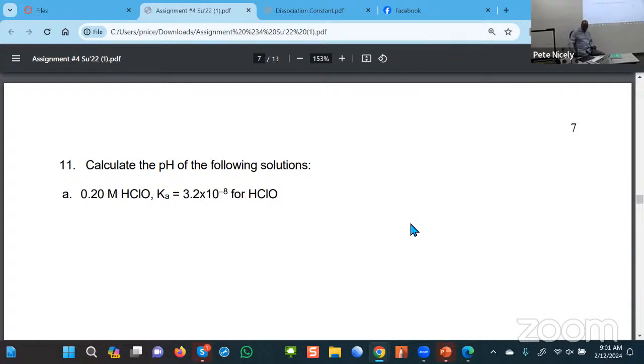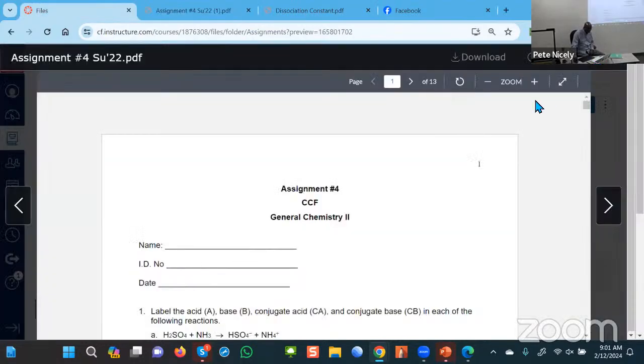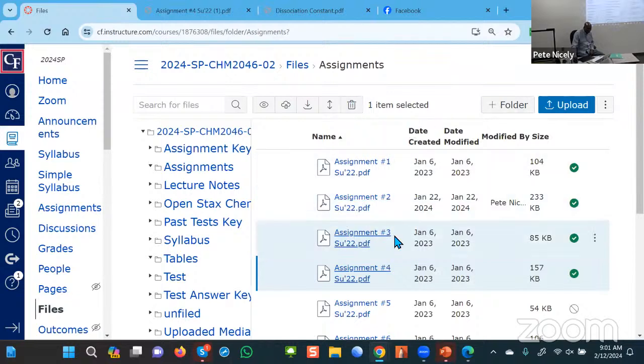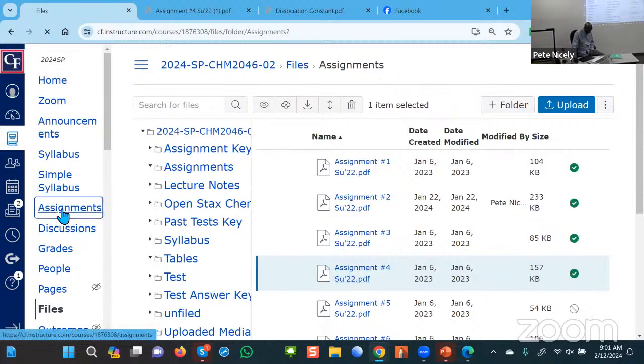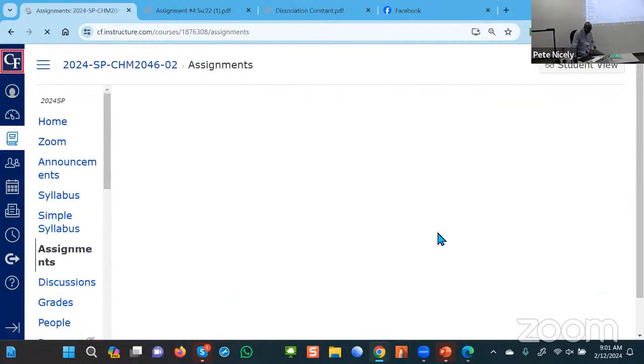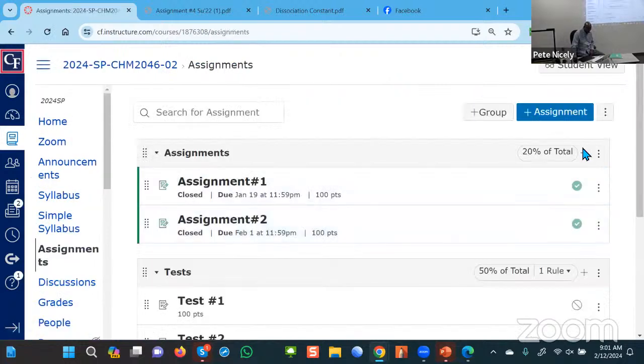The other thing too I want to say here is that by now you should be able to submit your assignment 3 completed. Let me see, did I create a drop box for that? No, okay, so let me do that now.